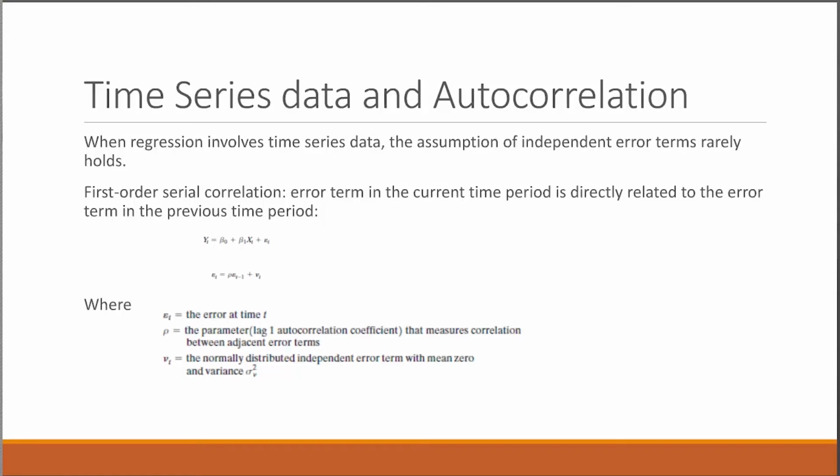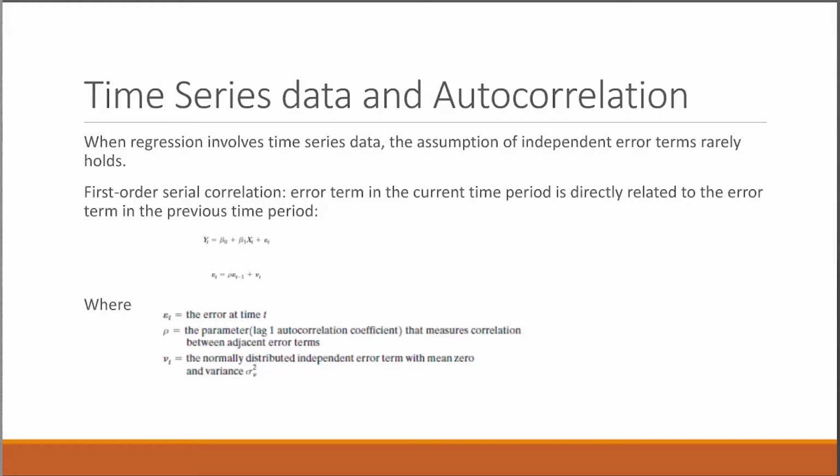Remember, we have this residual check, the 4 graphs, 2 of them are scatter plots, 1 histogram, to check if the conditions on residuals are satisfied. One of the conditions is that we require the error terms to be independent of each other. That is, they're random. There's no serial correlation. Now, when we have time series data, though, that usually is not the case. That condition is usually violated.